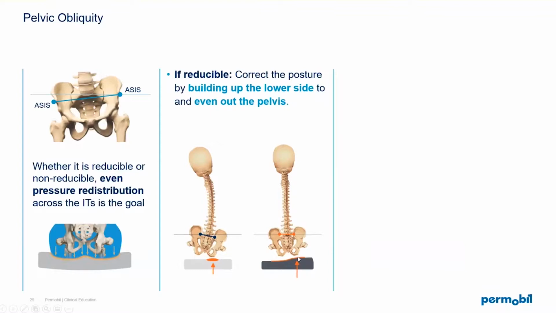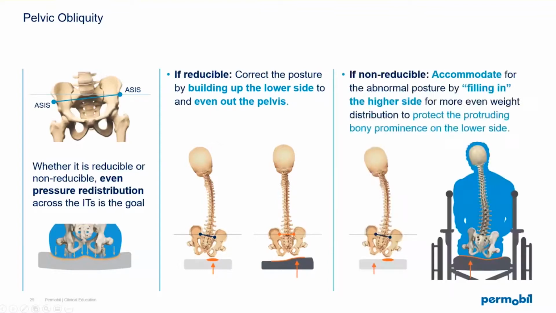that pelvis neutral. If it's non-reducible, meaning that it's not going anywhere, it is what it is now, but I still need to try to create even pressure distribution and stop it from getting worse. So what I want to do now is I want to fill in this gap. If I fill in this gap and start supporting this higher IT, then I'm going to prevent it from getting worse.